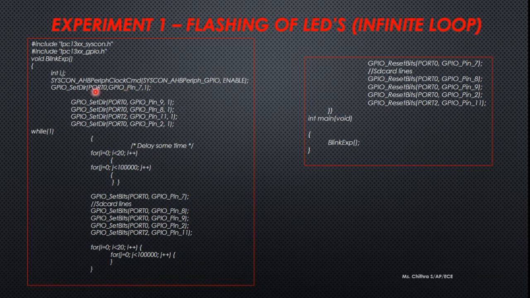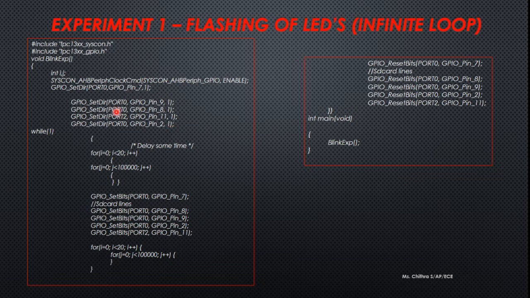When I write port 0, pin 7, 1, this means under port 0, pin number 7 is configured as an output pin. If I write 0, it means I'm configuring the pin to be an input pin. Again, port 0, pin 9 I'm configuring as output pin, port 0, pin 8 output, port 2, pin 11 output, and port 0, pin 2 output.